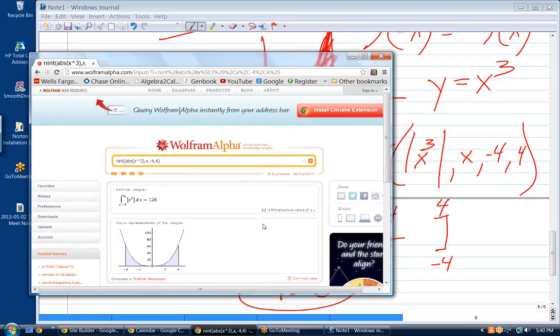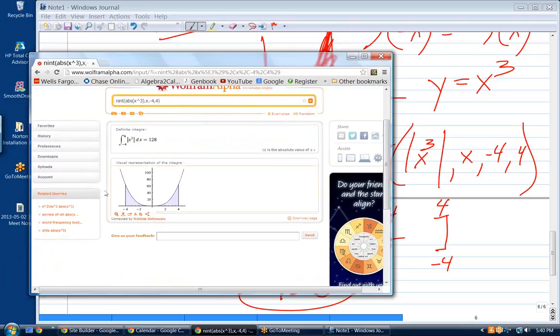The nice thing about Wolfram Alpha is that it shows you exactly what you've typed in. In other words, if you get your parentheses wrong, you'll notice it when you look at the integral. But notice what it did. It just reversed what was to the left of the y-axis, where this function was normally below the x-axis. It just made it positive, just reflected that part of it over the x-axis.